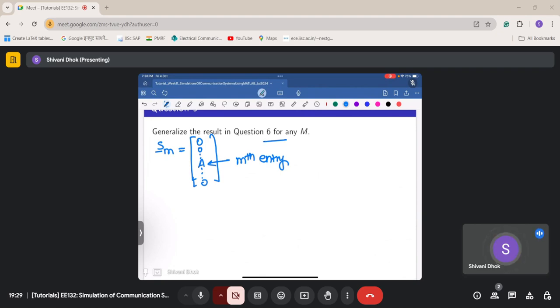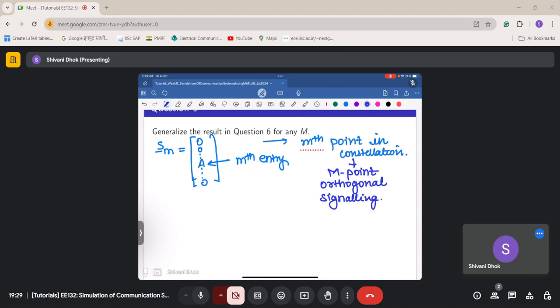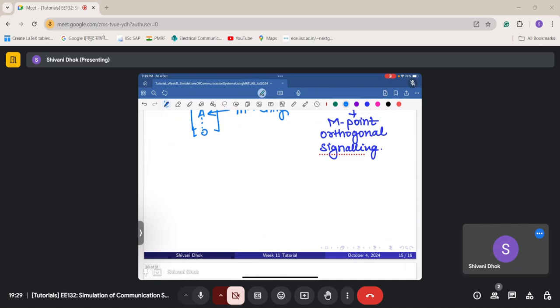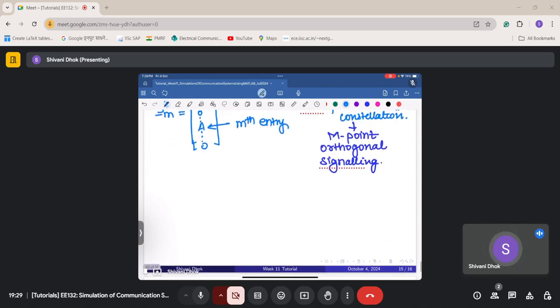Okay, and this is the mth point in constellation, the mth point of m point orthogonal signaling. Okay, so now again same thing we will have.